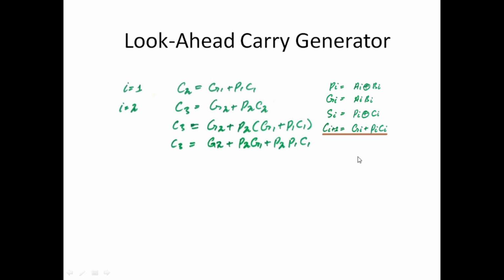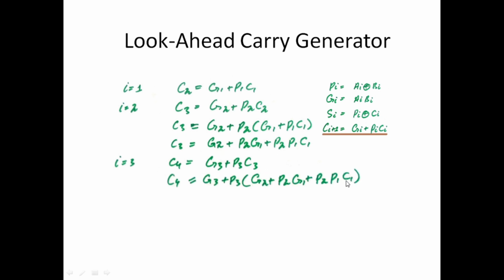Similarly, if we put I equal to 3, we get C4 equals G3 plus P3 C3. But as before, we have already derived C3 here. Just put the value of C3 from this equation.